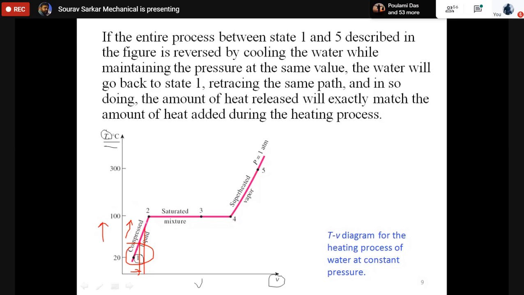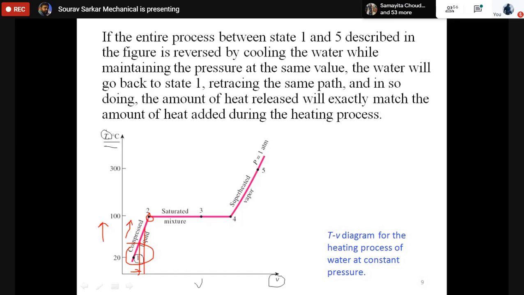But whenever it reaches 100 degrees Celsius, the temperature becomes constant, because the whole liquid is converted into saturated liquid, where it is just about to vaporize. This is called the saturated state. So it is converted from compressed liquid to saturated liquid.